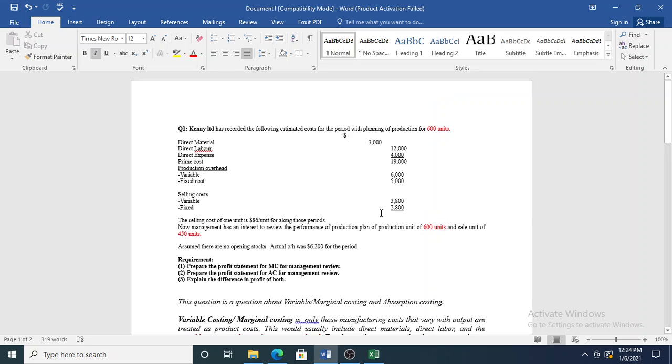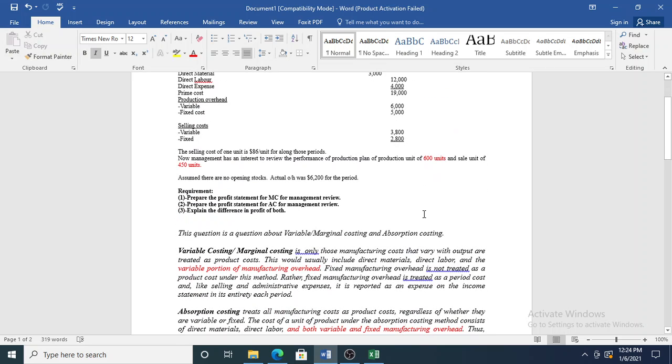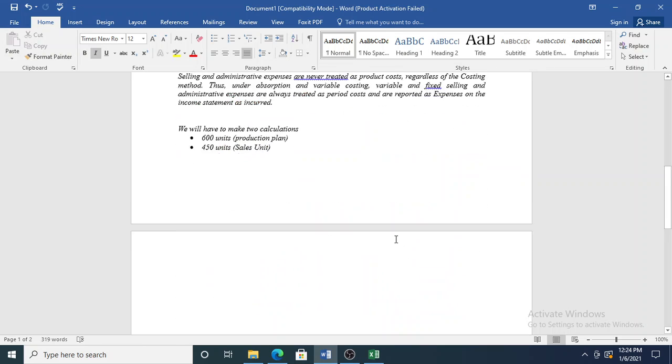So now, from the question, we understand that this company estimated the costs for the period with a planning of production for 600 units. So the data that's given is for 600 units. It's not per unit. So the direct material is for 600 units, not $3,000 per unit.